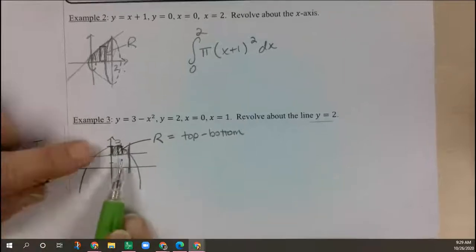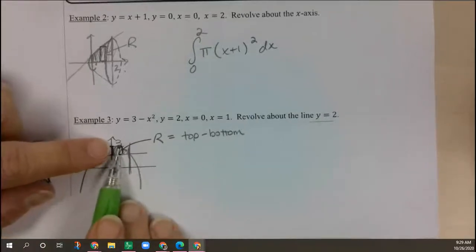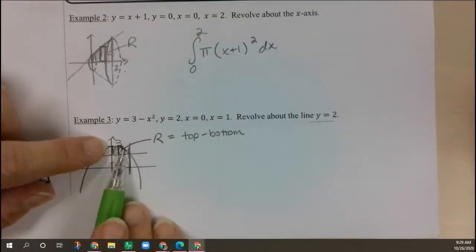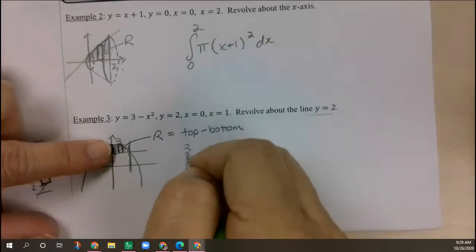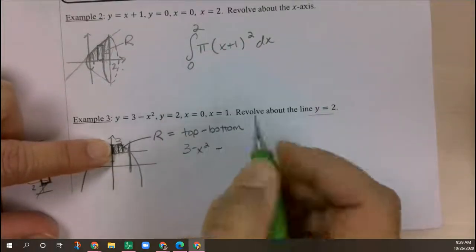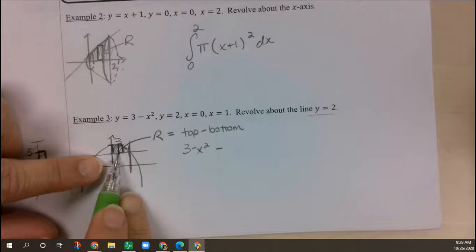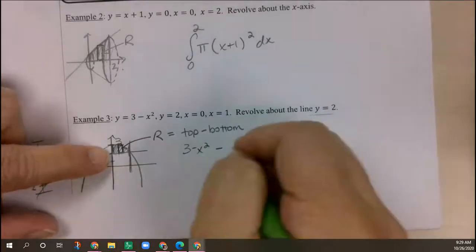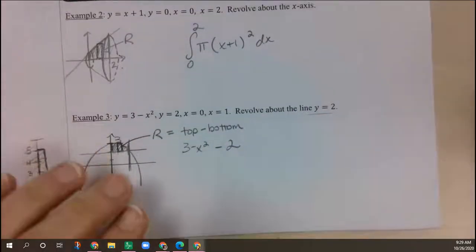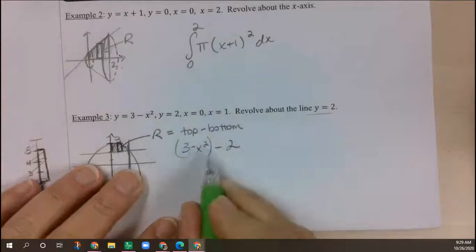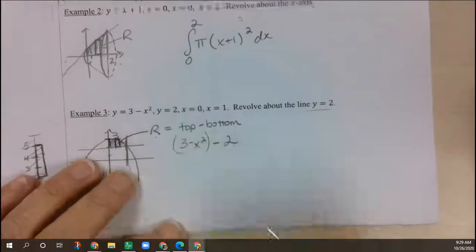So in this case, the highest point on my rectangle is going to be that top function, the parabola, 3 minus x squared. And then the bottom of the rectangle is on the axis that we're rotating around, which is 2. Top minus bottom, that gives me my radius.